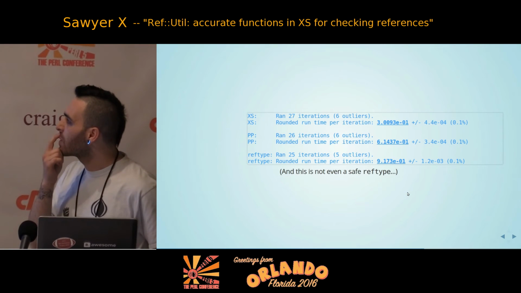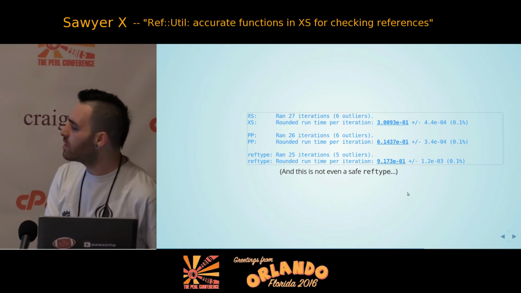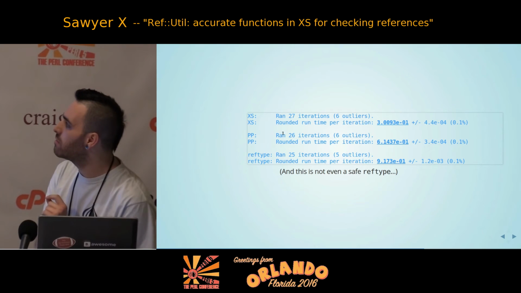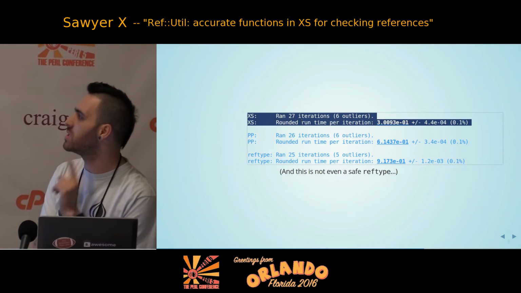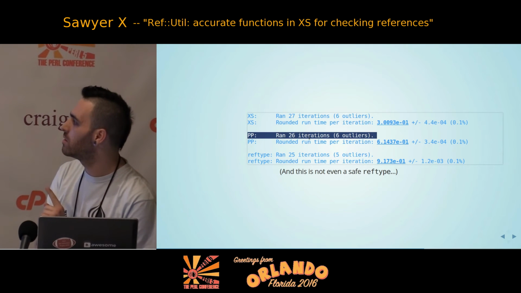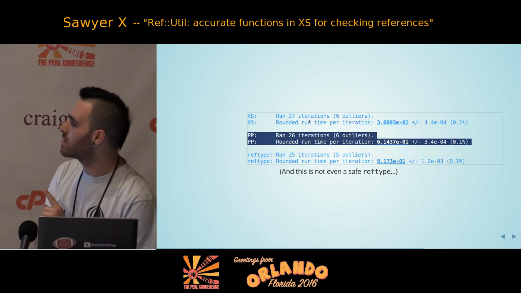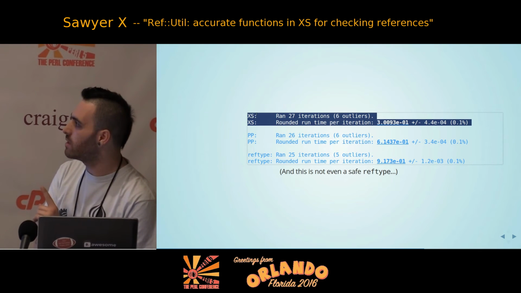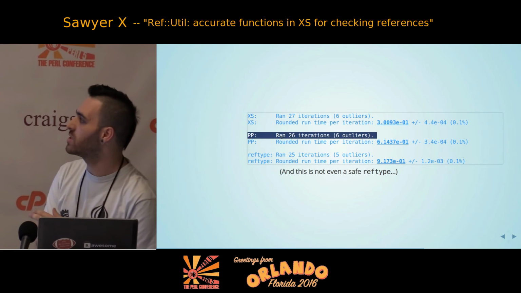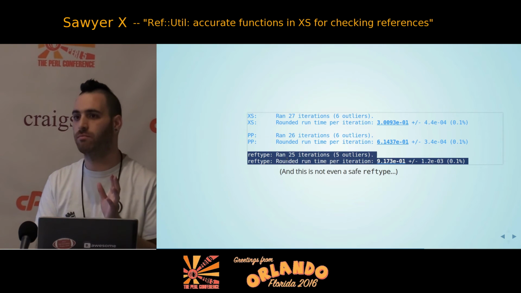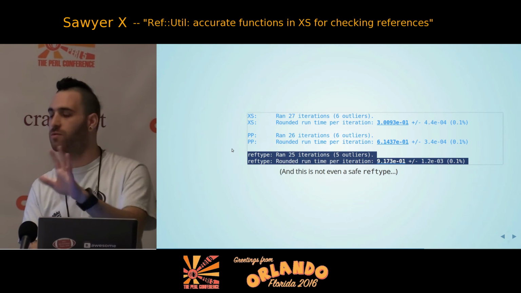I do apologize. I think these are the wrong labels for it. I believe this is the op. The XS version actually refers to the op. This is when you call ref, and this is when you call ref type, right? Is that clearer? I apologize for the confusion.